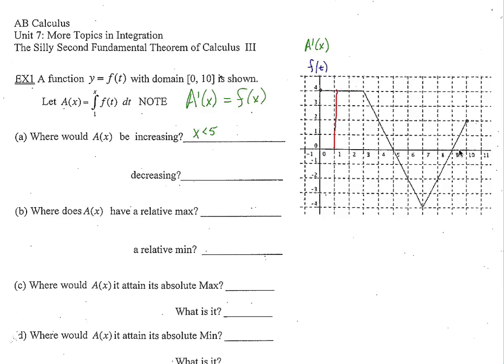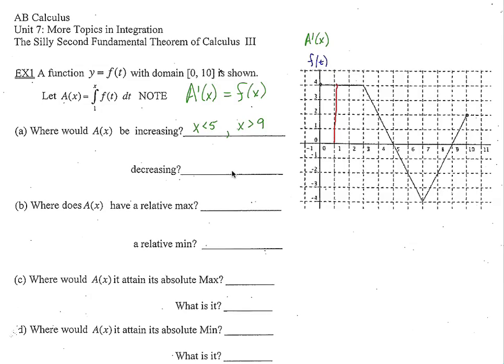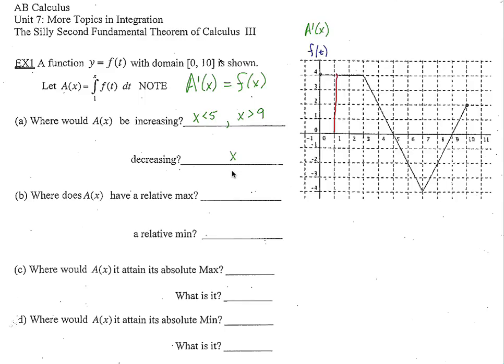The other place that it's going to be increasing is this little piece right in here between 9 and 10. So we could say where x is greater than 9, right? So there are two intervals where the function A is going to be increasing, and then that means that in between those, when x is greater than 5 and less than 9, the function must be decreasing, right?